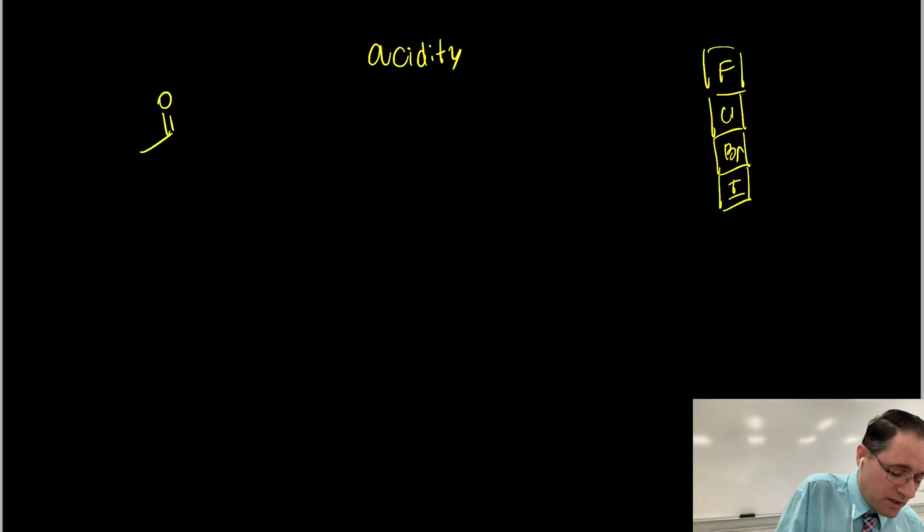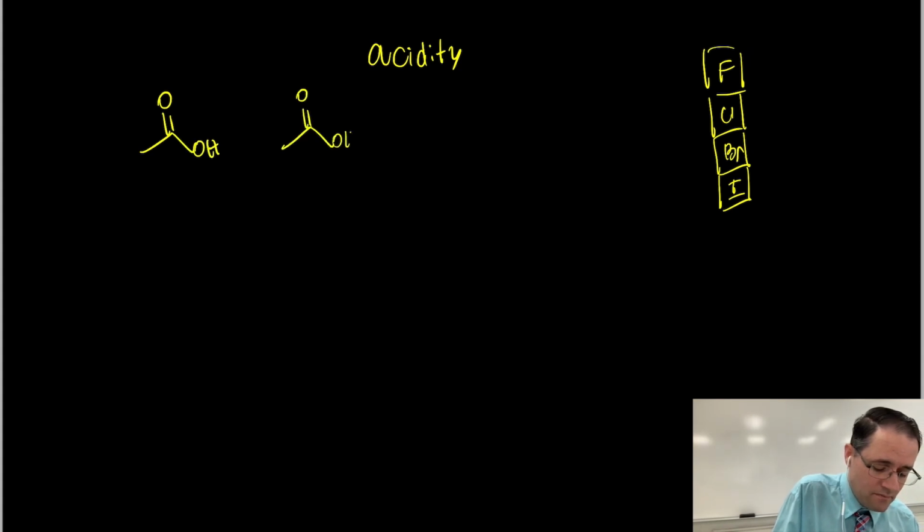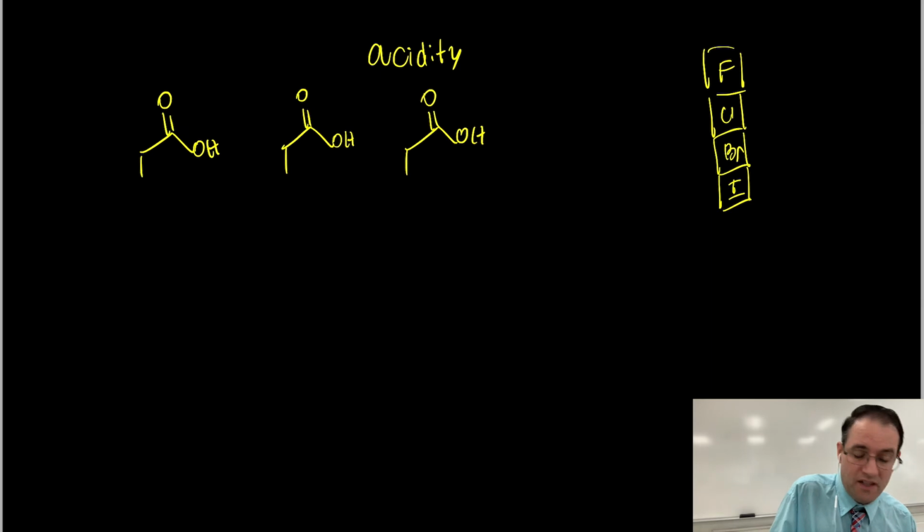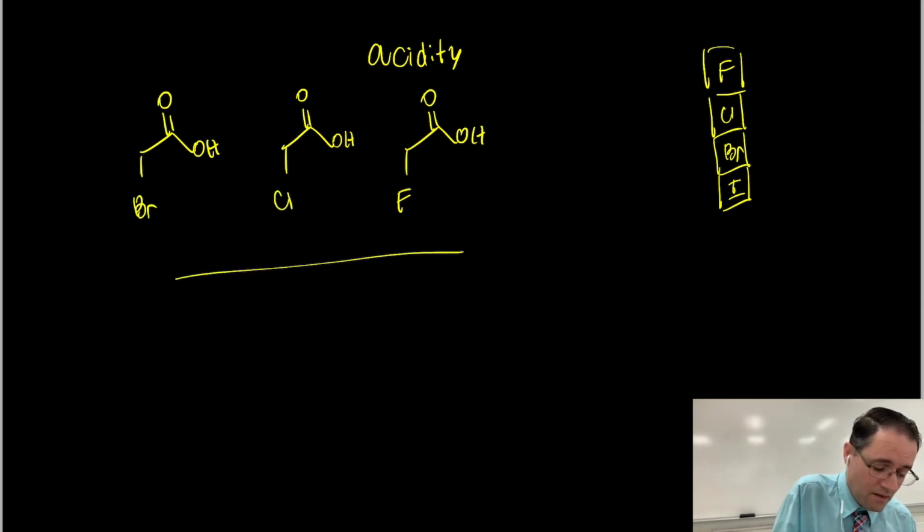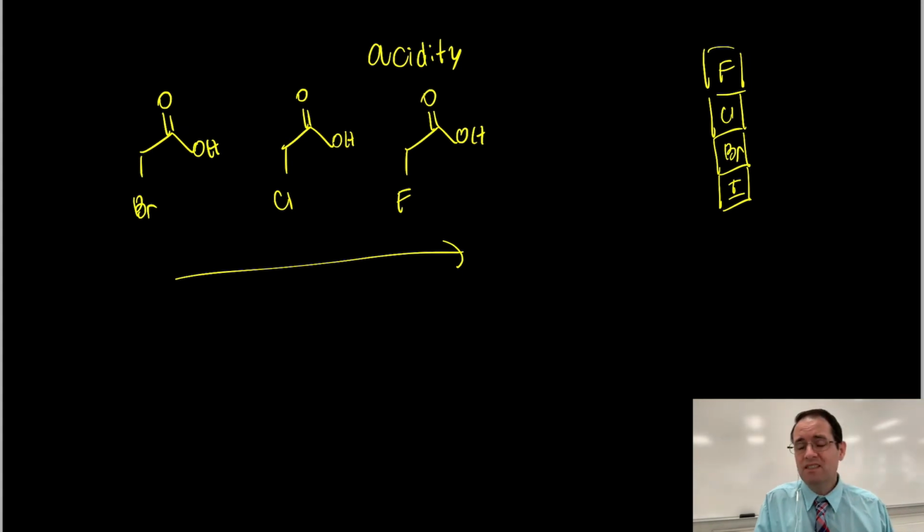And so if we want to compare acetic acid derivatives, and I had 3 different halogens on here, okay. We're going to have more acidic to the right because fluorine is a more electronegative atom. It's more inductively pulling on the electrons and therefore stabilizing the carboxylate even more, making the carboxylic acid more acidic.